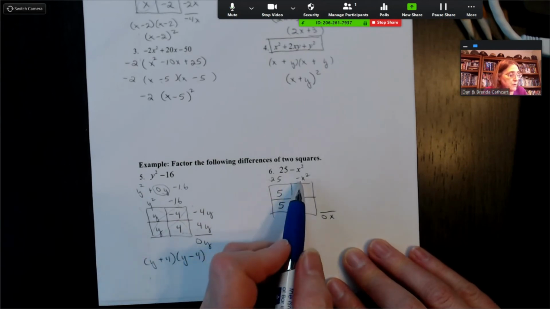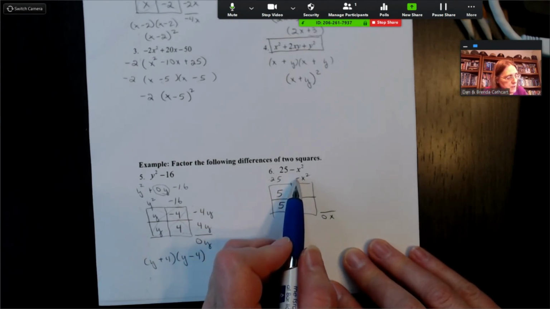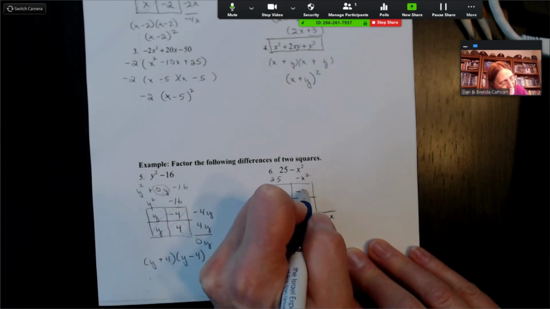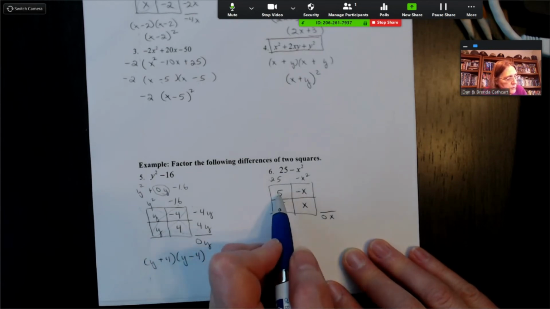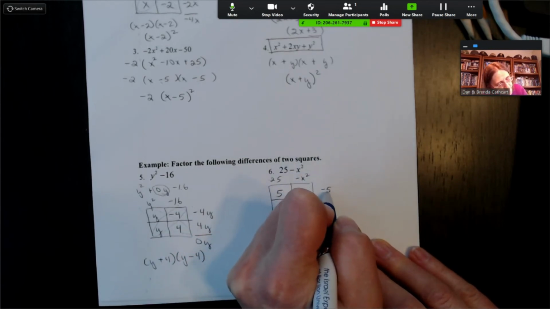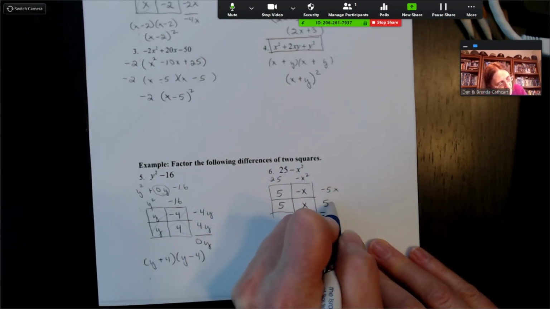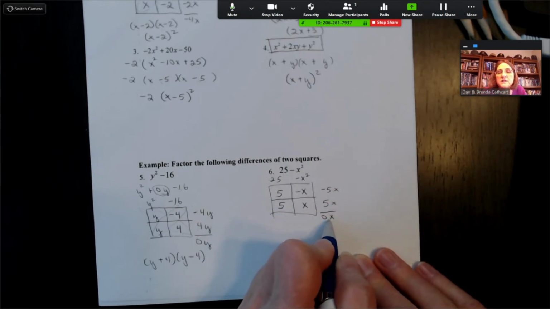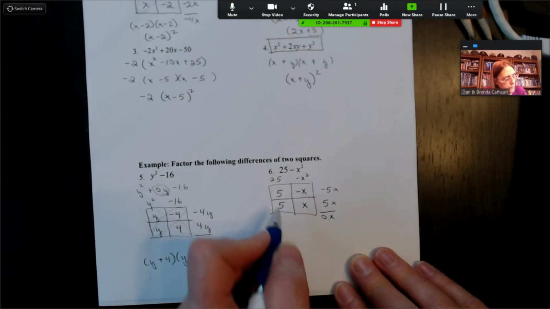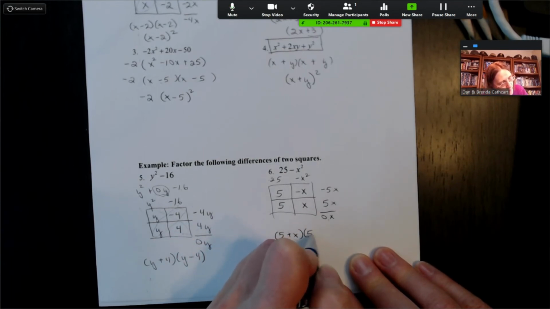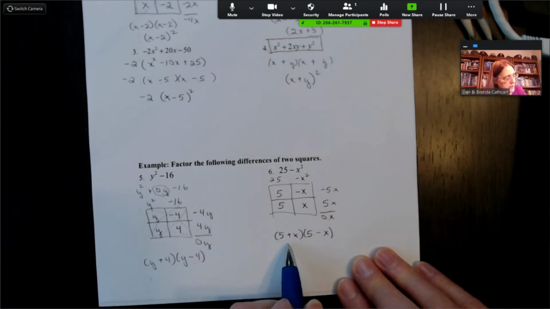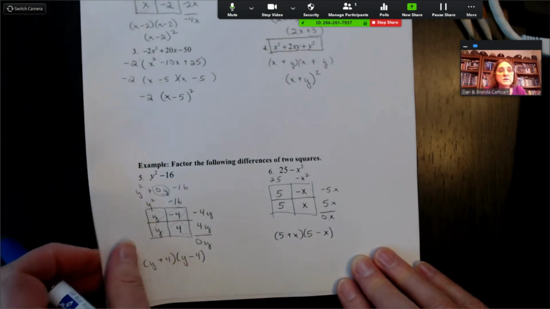The perfect square for negative x squared, because it's negative, I have one positive and one negative. So I'm going to have a negative x and a positive x. When I multiply across, the two products, the outer and inner products, are opposites and they add to 0. So our two factors are going to be 5 plus x and 5 minus x. Again, identical, except for one is plus and the other's minus.